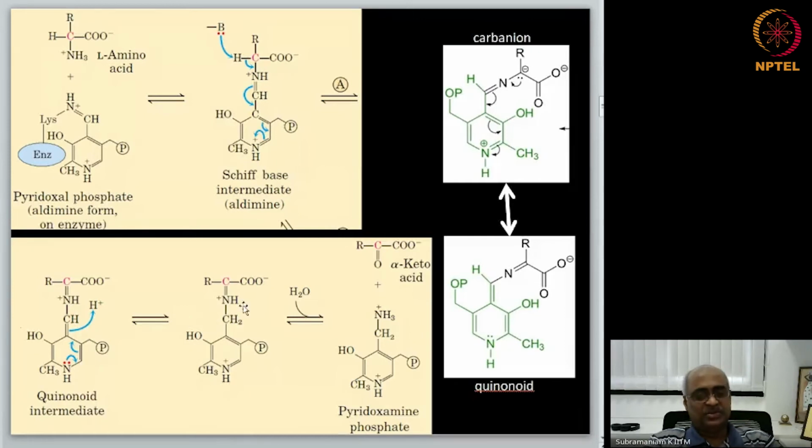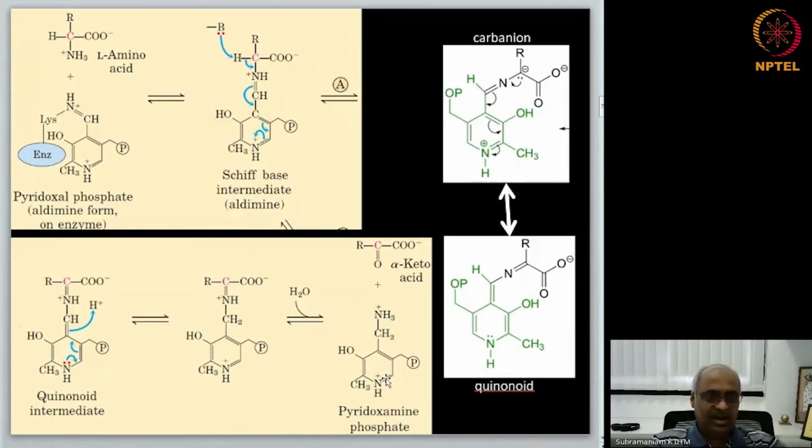Okay, so now this becomes labile for hydrolysis, leading to the formation of the keto acid. So this double bond is now exchanged with this oxygen, and then you have this amino group generated.